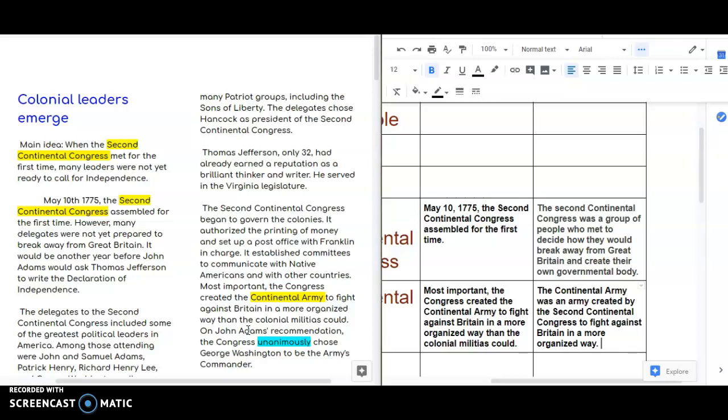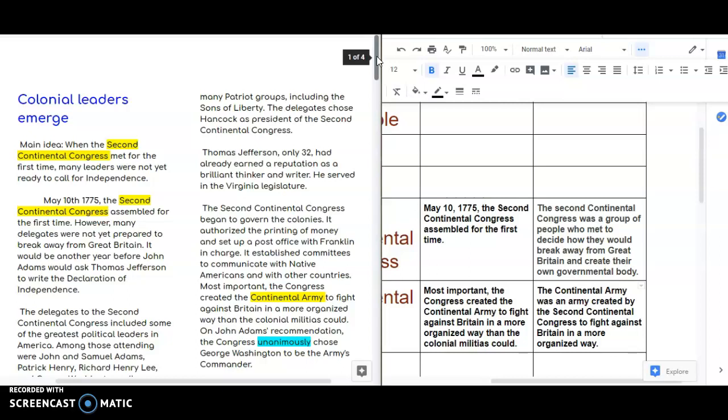You have to organize yourself as a fighting unit. So this is what the Second Continental Congress created the Continental Army for, so that they could fight in a more organized manner and actually win more of their battles.